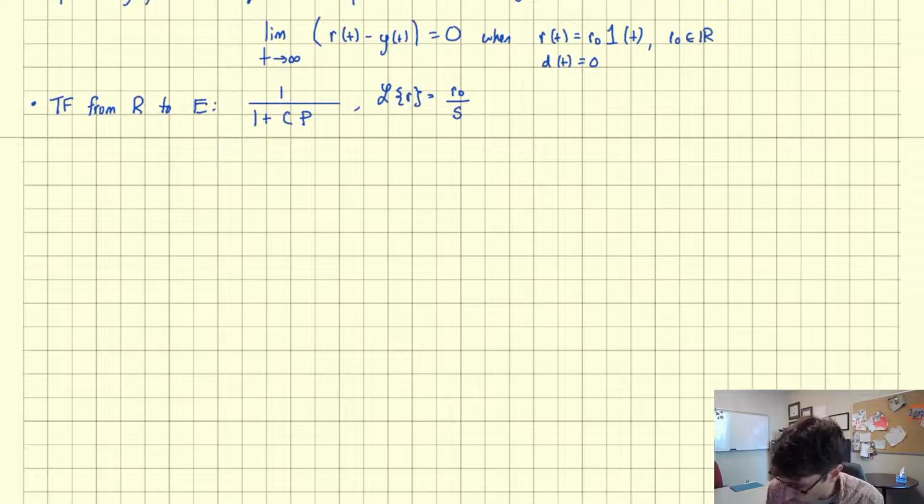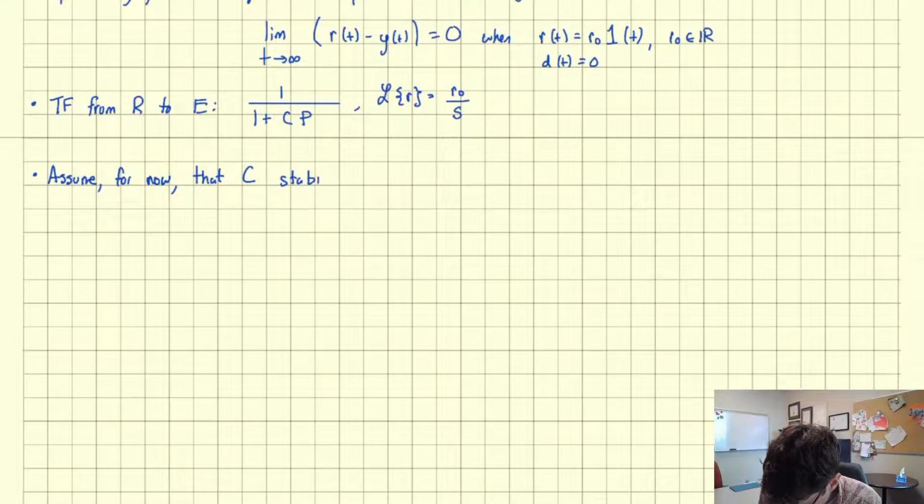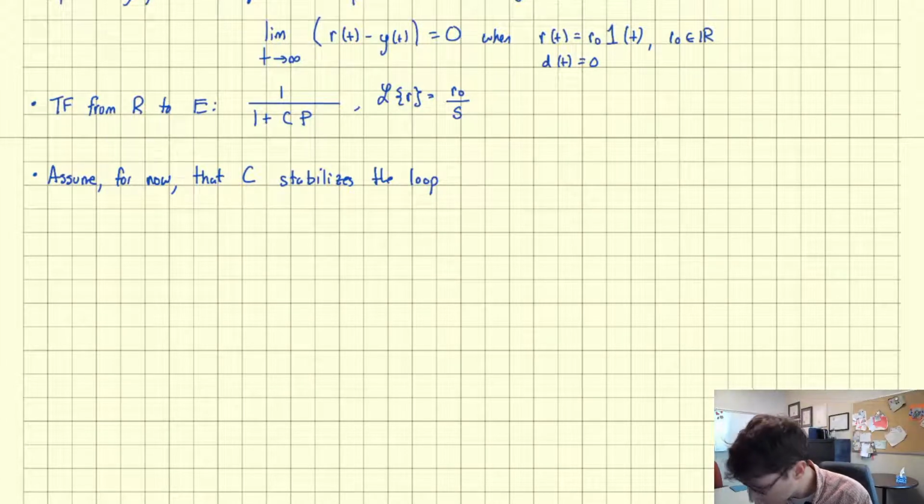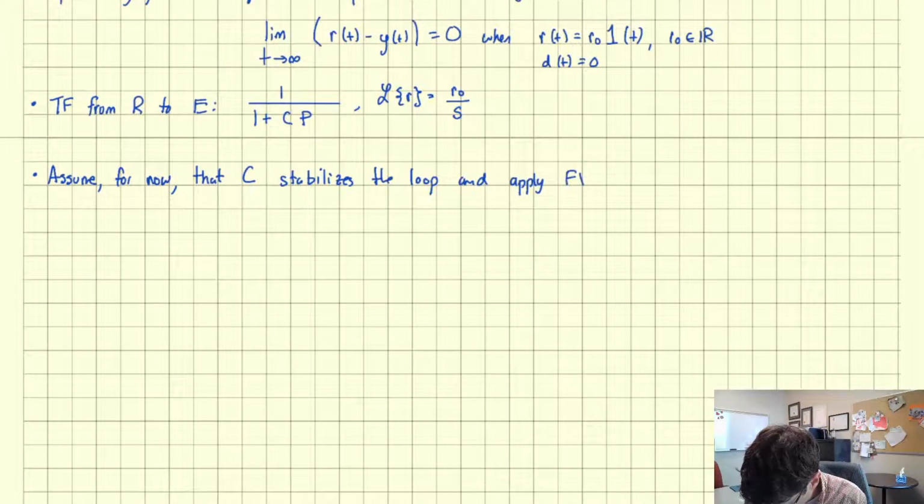Okay, so assume for now that the controller C stabilizes the loop. And let's see if we can apply the final value theorem.